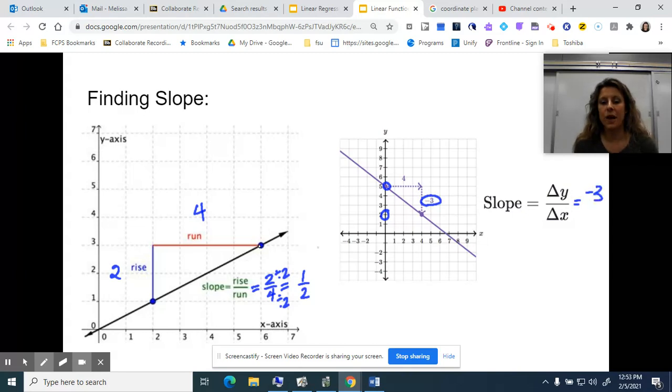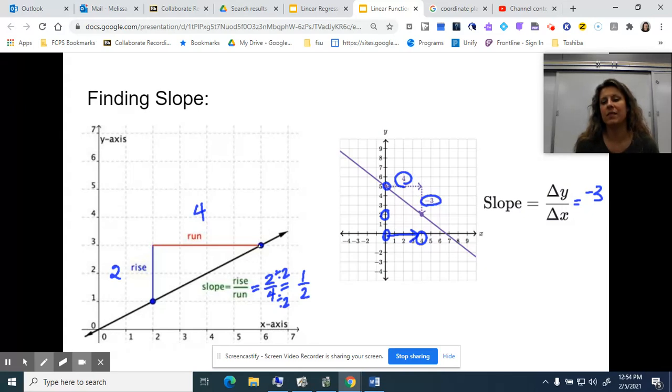And then the run can also be viewed as the change in x. So again, if I look at these x values, this x value is starting at 0, and this x value is ending at 4. So the change in x is 4 units. We see that here. That change of 4 units could also be called the run, right?